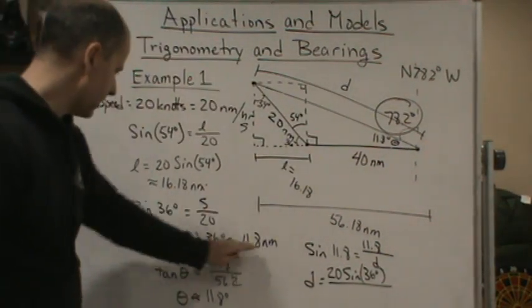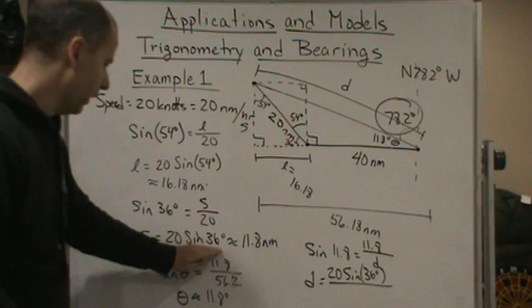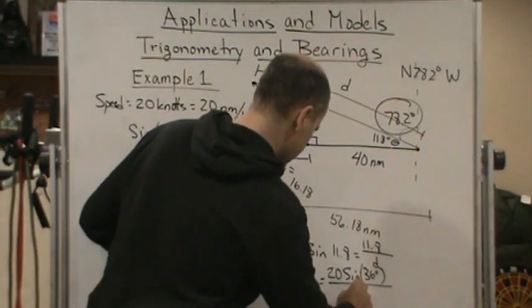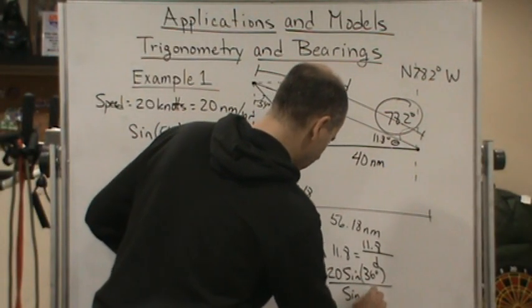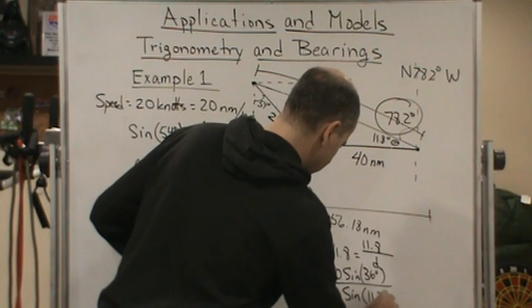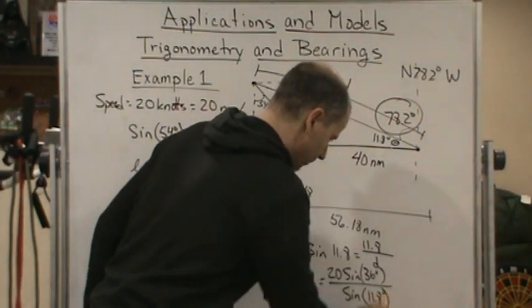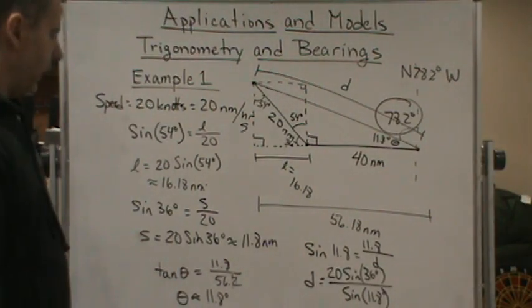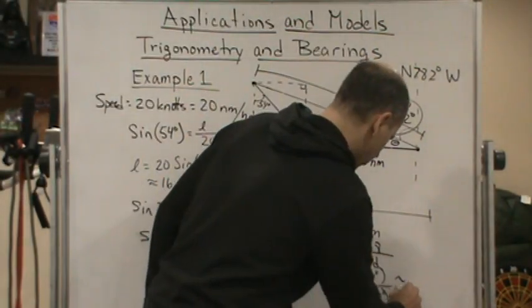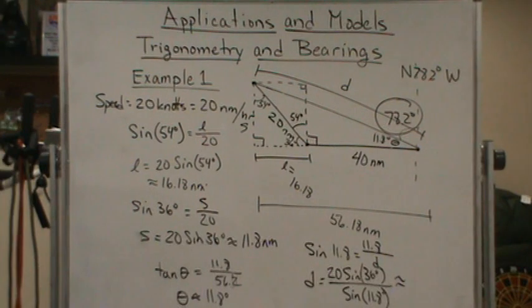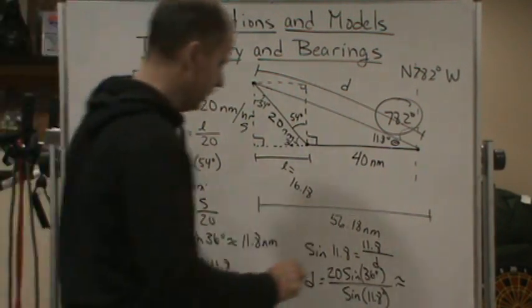So instead of using this, let's just plug in what we did here. And then over sine of 11.8. That's the only way we can, this one we have to use it. We can't get around that one. And so now if we plug all of this in our calculator, we should get approximately 57.4 nautical miles.